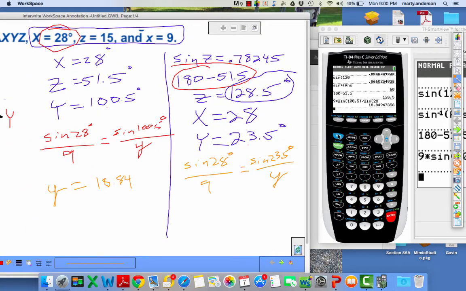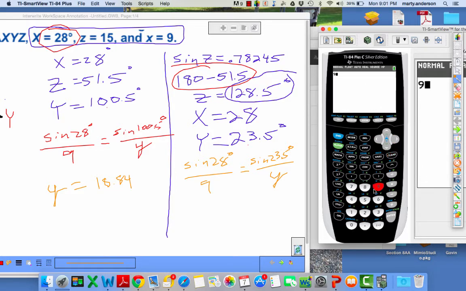Now I'm doing 9 times the sine of 23.5 divided by sine 28, and I get 7.64.